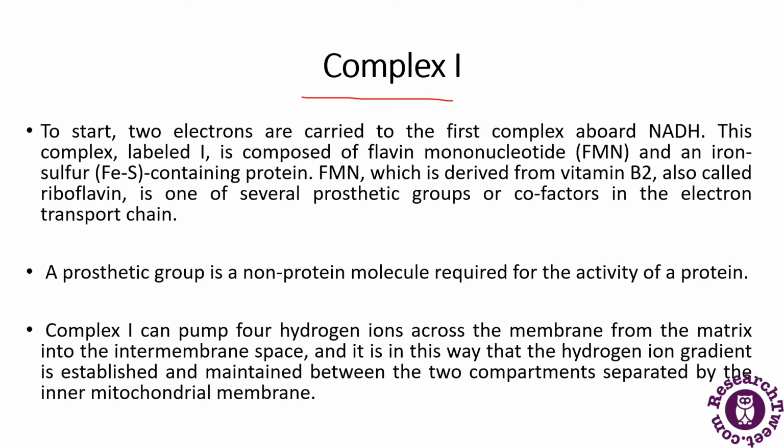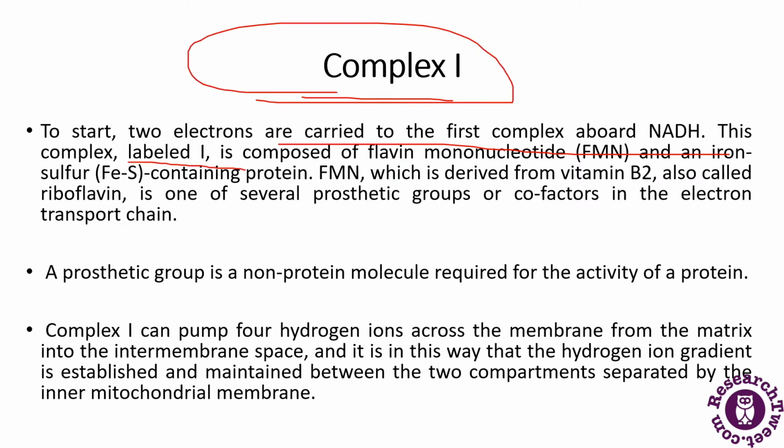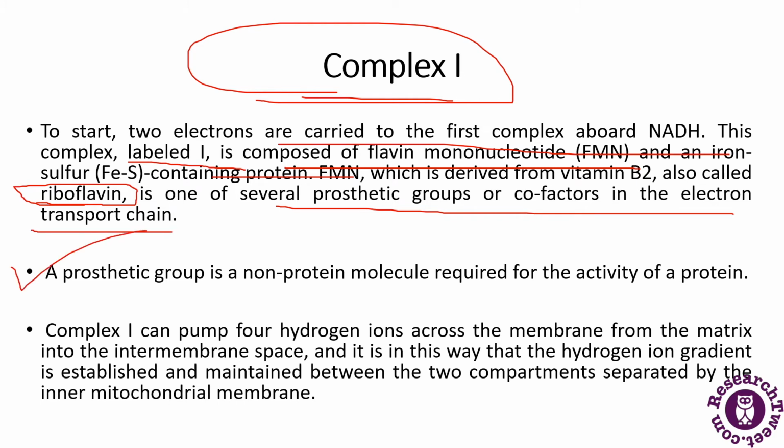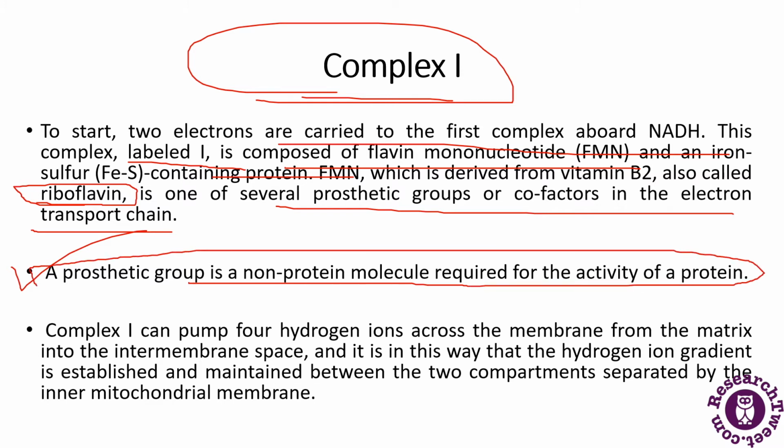To start with, two electrons are carried to the first complex aboard NADH, which is labeled 1, and is composed of FMN and an iron-sulfur containing protein. FMN is derived from vitamin B2, also riboflavin, which is one of the several prosthetic groups or cofactors in the electron transport chain. It is a non-protein molecule which is required for the activity of a protein.